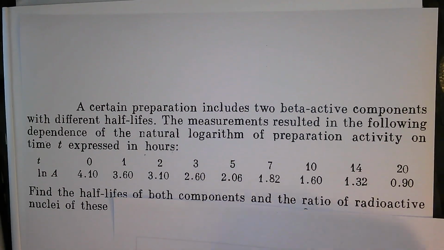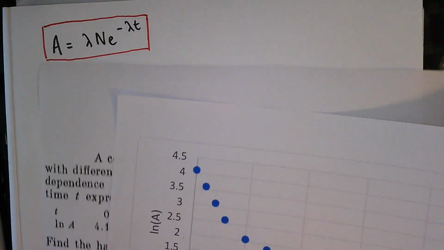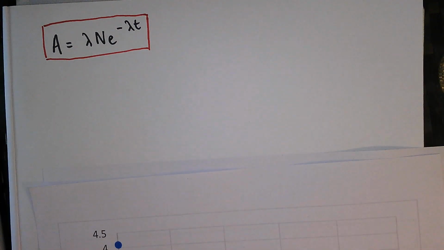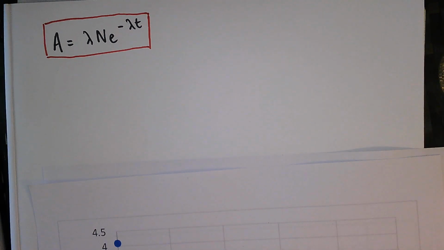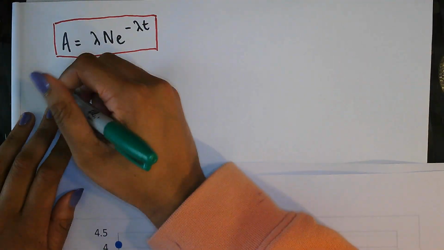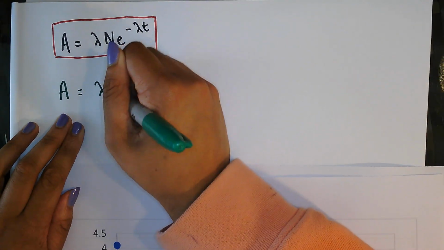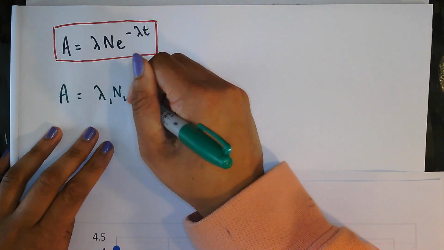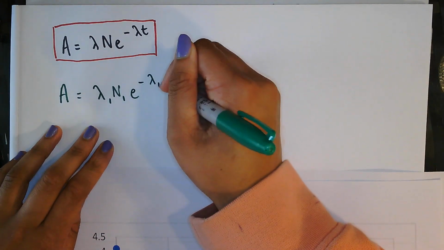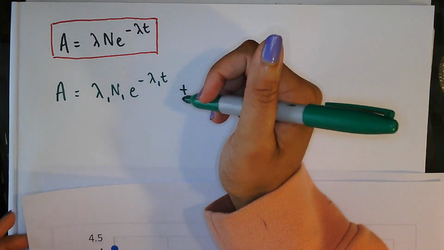But in this question we have two radioactive components, and so we're going to have to modify this expression for activity. If we say that the decay constant for the first component is lambda 1 and so on, then A is equal to lambda 1 n1 e to the power minus lambda 1 t plus the activity of the second component.